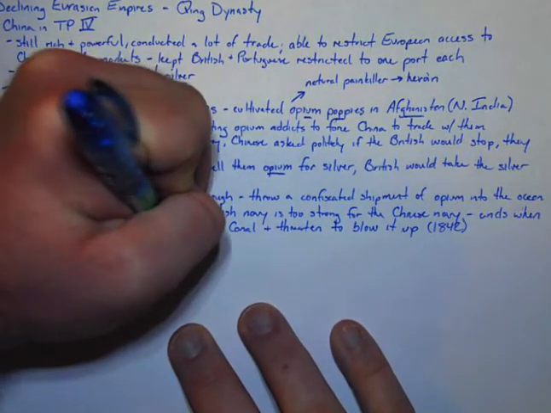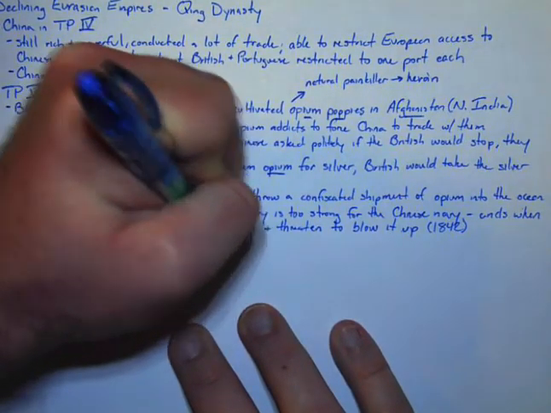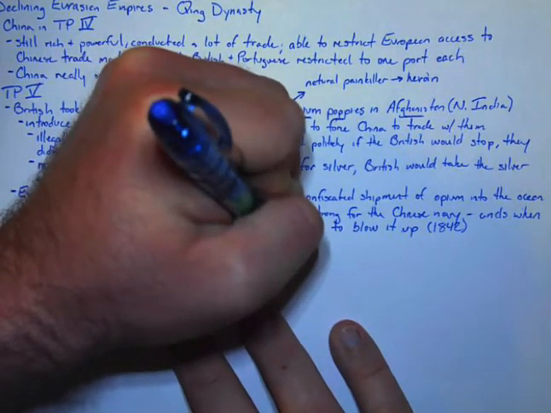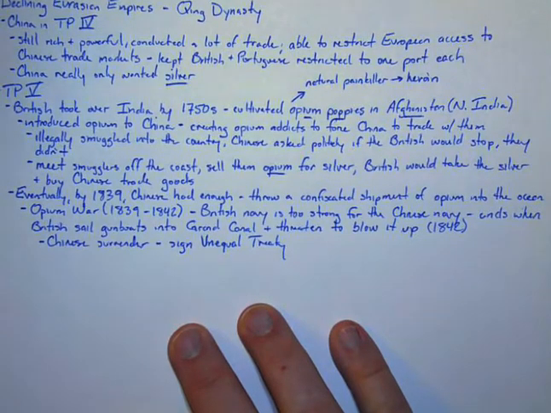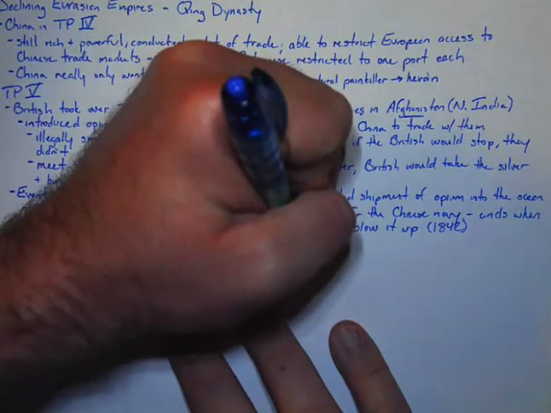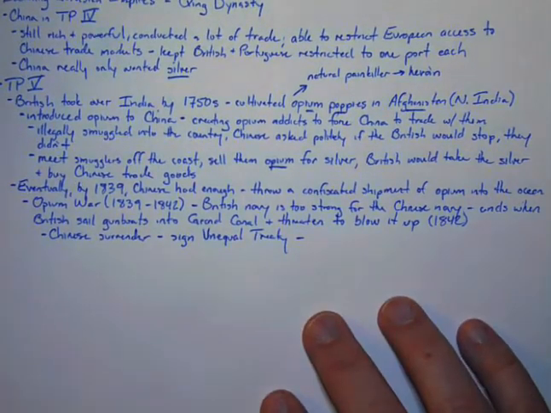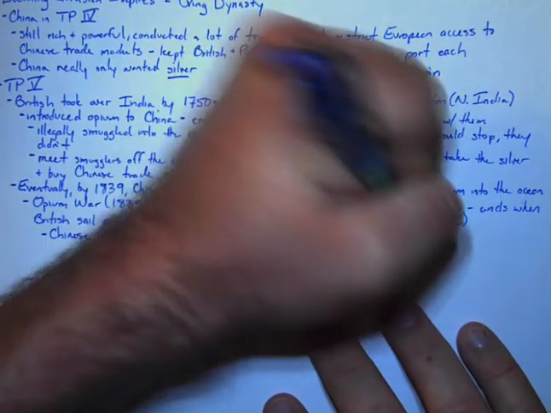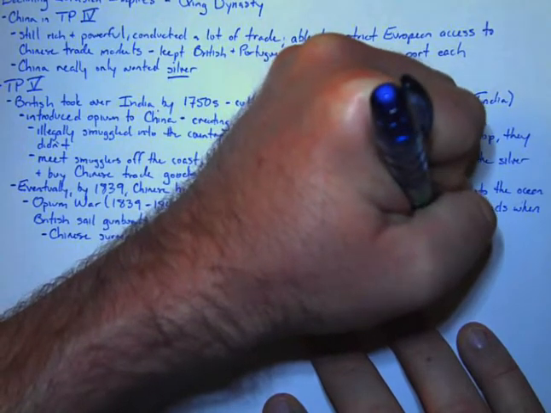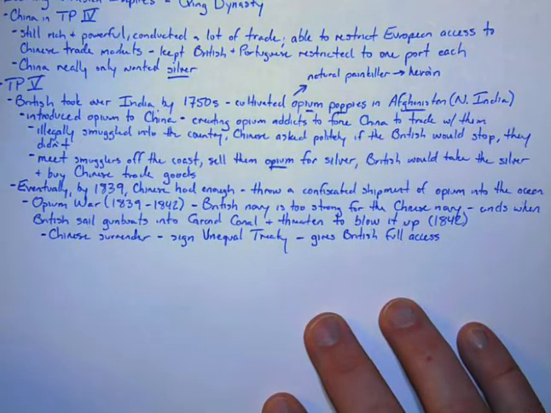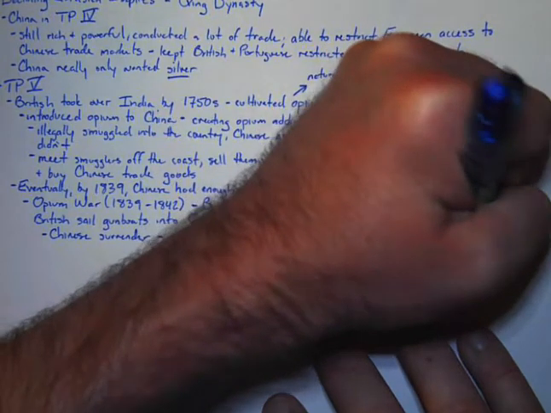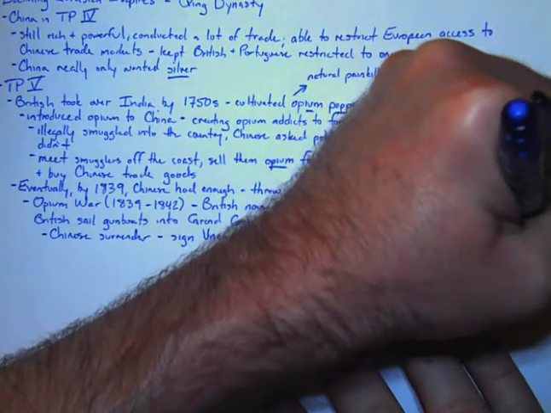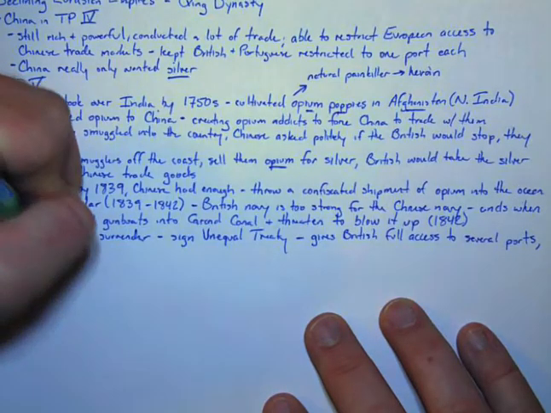And they sign what's known as an Unequal Treaty. And it's called an Unequal Treaty because the Chinese don't get anything out of it. So what the Unequal Treaty does is it gives the British full access to several ports, it legalizes the opium trade.